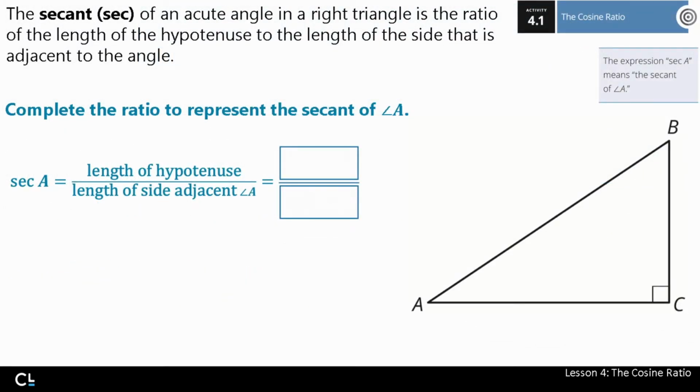Now, just like all of our other ones, with our tangent, we had our cotangent. With our sine ratio, we had our cosecant. And now with our cosine, we have our secant. The one thing that confused me was, what does secant go with and what does cosecant go with? Those were the things that really messed me up when I was learning about this originally. The way that I remember it is there's always a co in each pair.